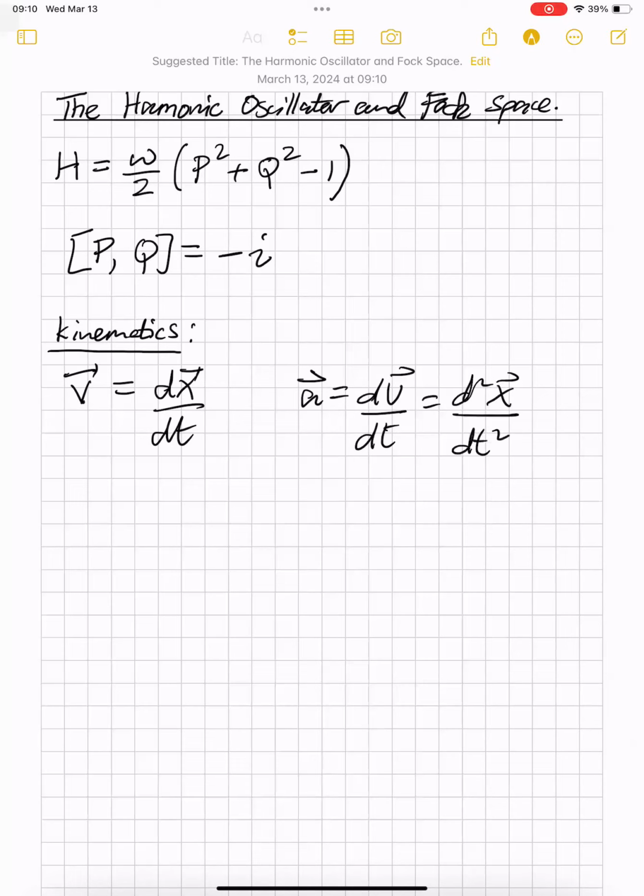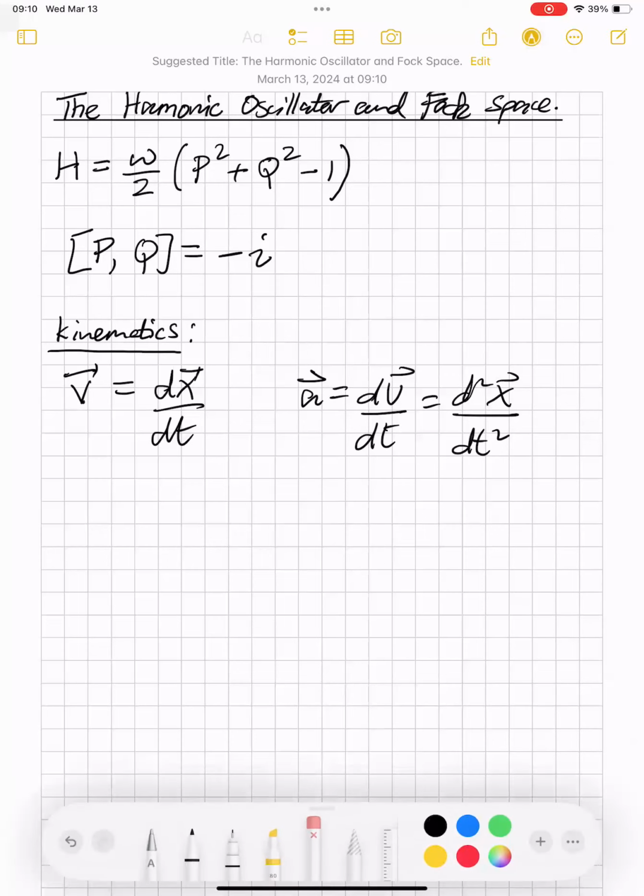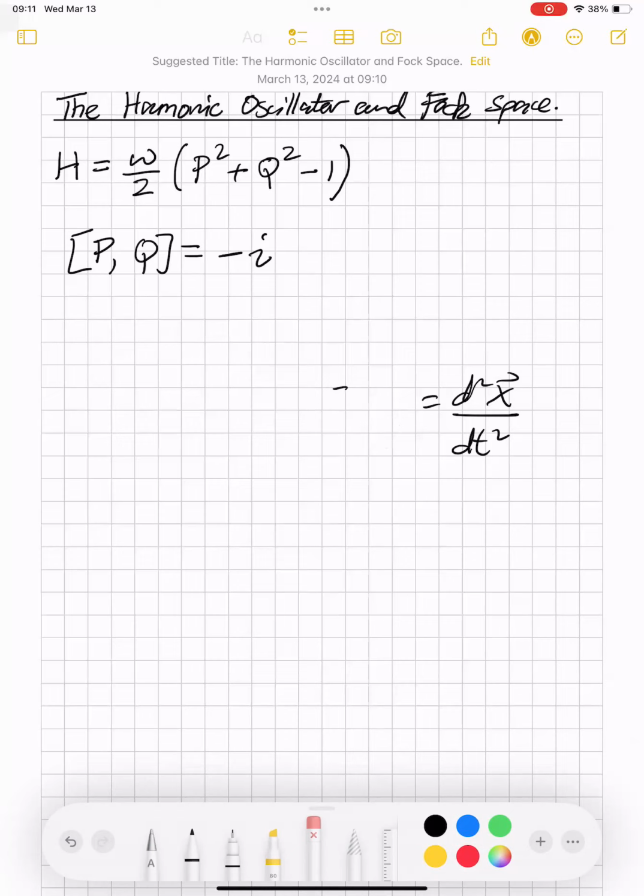These equations tell us something about motion and not the specific dynamical situation, the specific force that is acting, okay? So that's kinematics. This is the same for all forces that we study. It's just a statement about motion. In quantum mechanics, the statement of kinematics is precisely this commutator between position and momentum being equal to minus i. That commutator will be the same no matter what force you're studying, what dynamics you're studying. It's the same for all problems that you choose to consider.